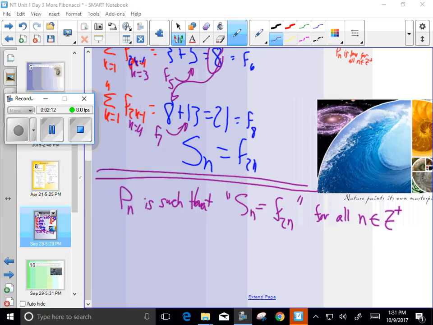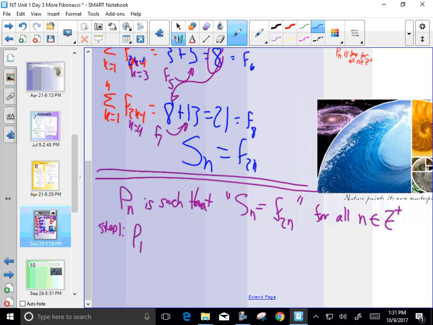We're good with those. And then we're going to start with step 1, which was P1. The sum of the first Fibonacci is 1, and we have f of 1 should be equal to f of 2 times 1.